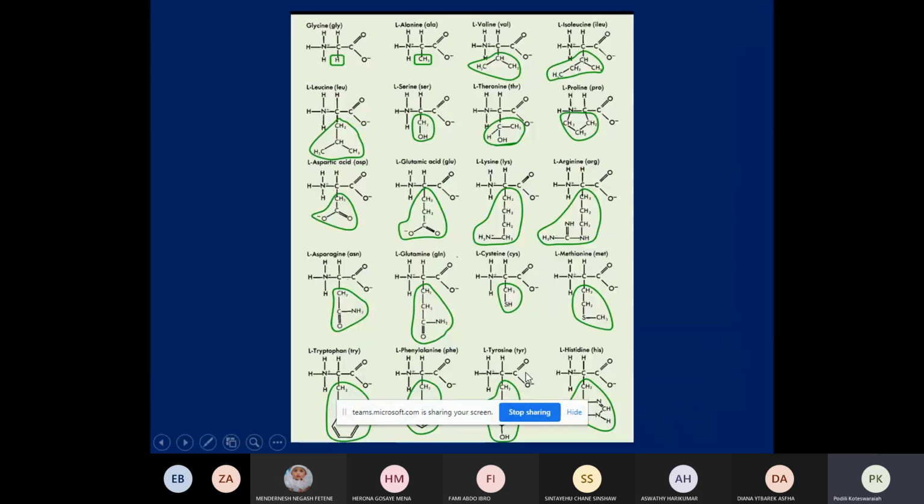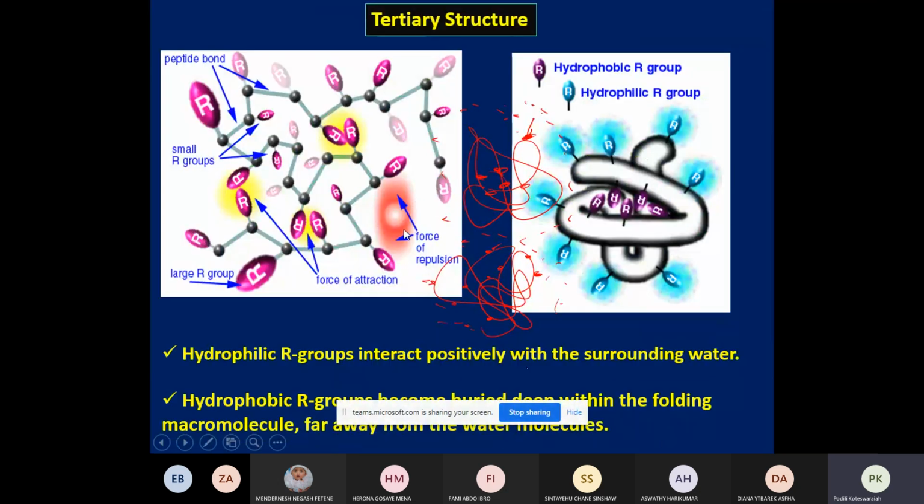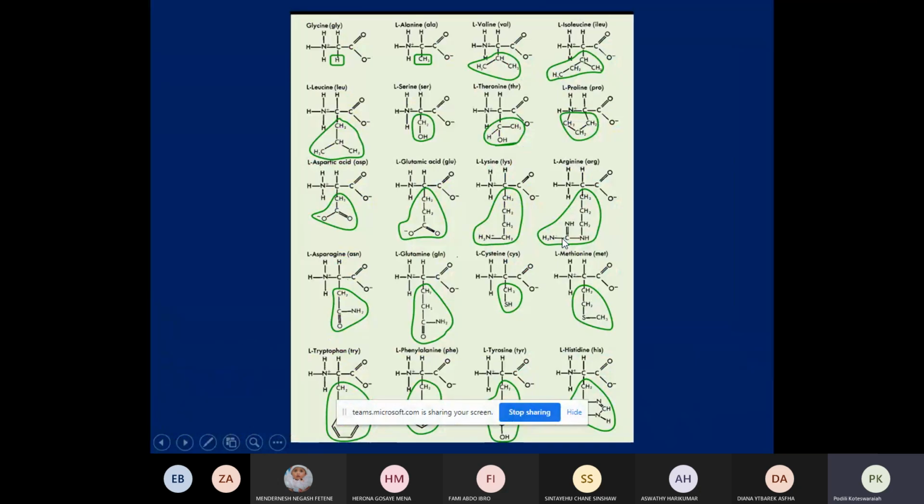The protein is surrounded by a layer of water molecules, and this layer is also known as the hydration layer or the solvation layer.